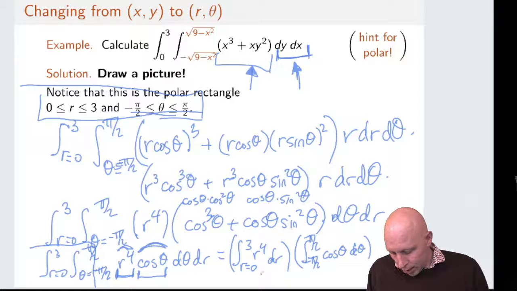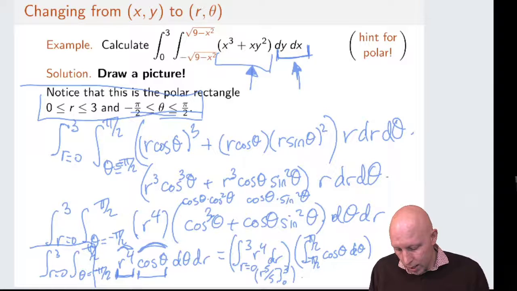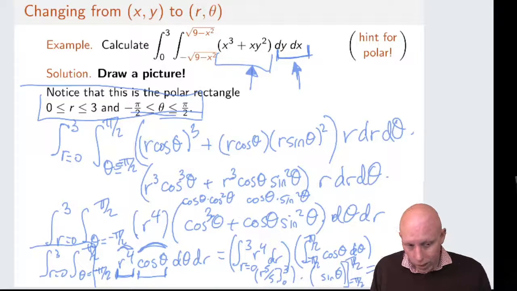All right, and then that's going to give us r to the fifth over 5 evaluated from 0 to 3 times sine of theta evaluated from negative pi over 2 to pi over 2. And so in the end, what do we get? We get 2 times 3 to the fifth over 5.